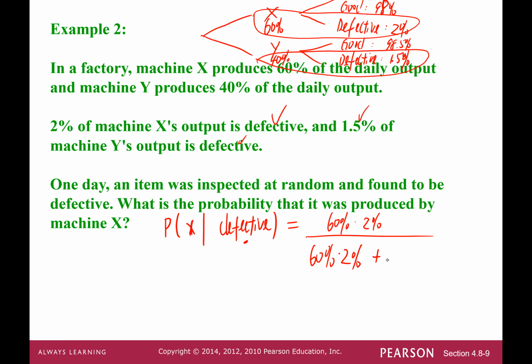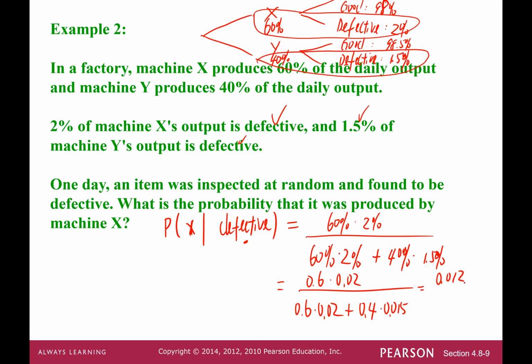Adding the defective items produced by machine Y, with the probability 40% times 1.5%. Okay. And just simplify, right? So it's 0.6 times 0.02 over 0.6 times 0.02 plus 0.4 times 0.015.